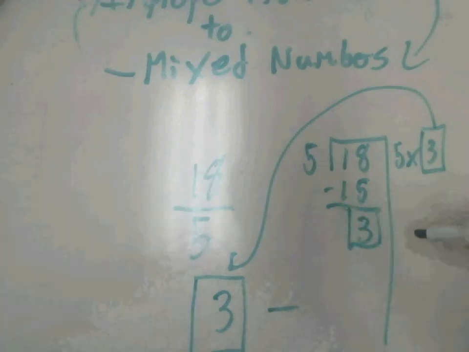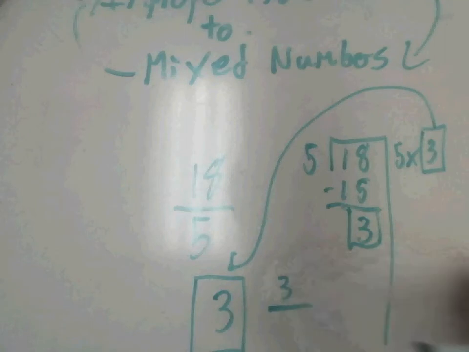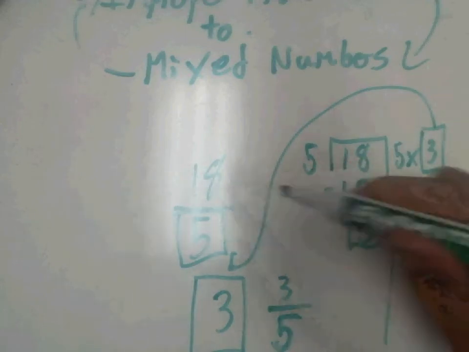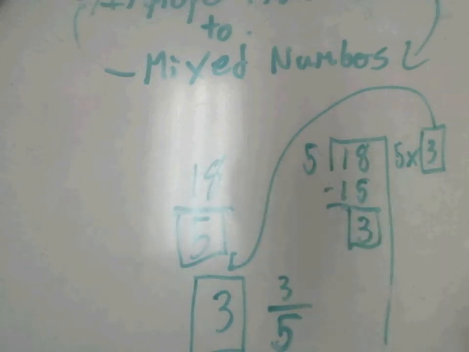So our remainder is going to become our numerator. And just like in the other problem, our denominator, which was 5 in our improper fraction, is going to stay our denominator here. So 18 fifths as an improper fraction would turn into 3 and 3/5 as a mixed number.